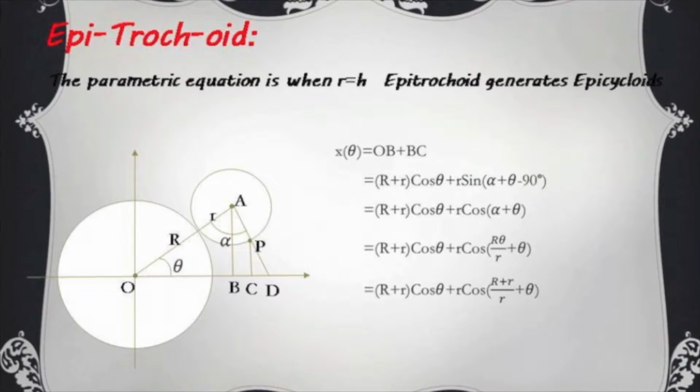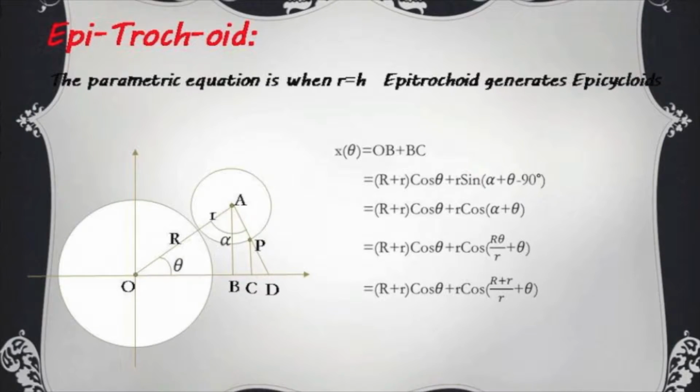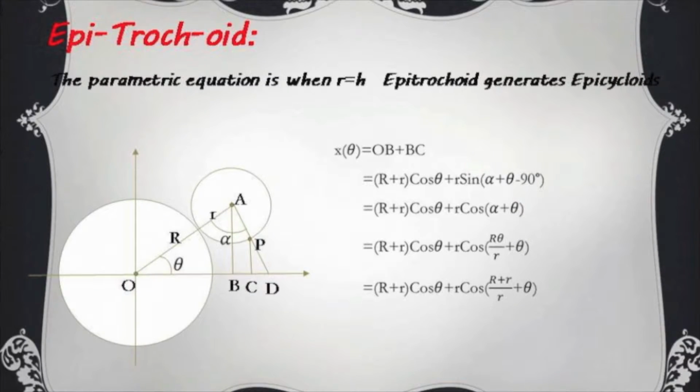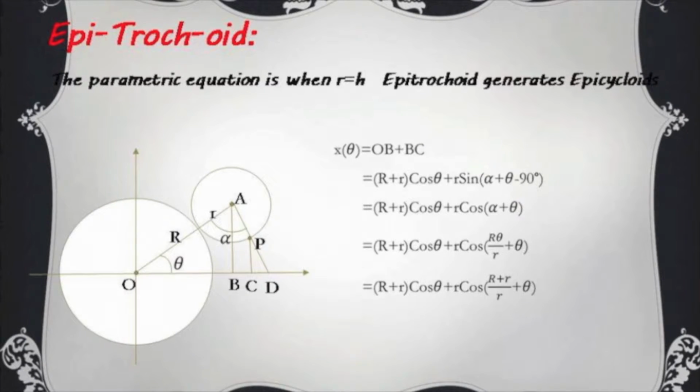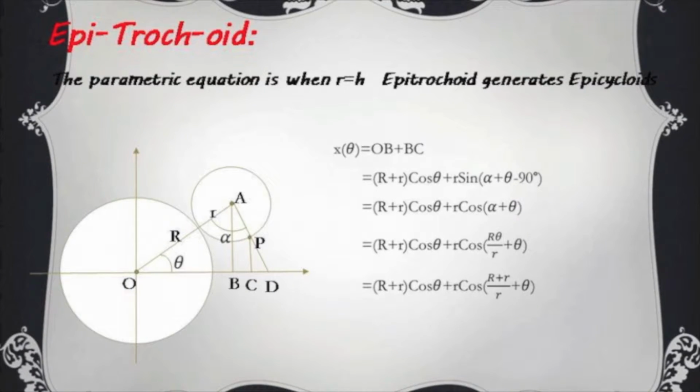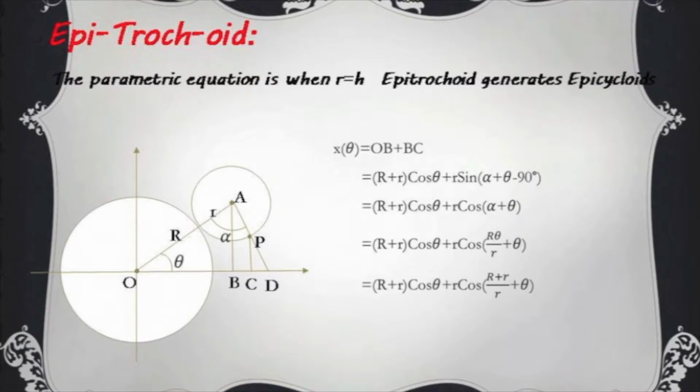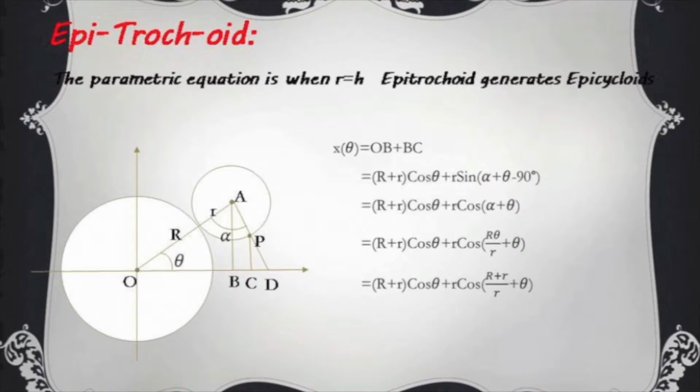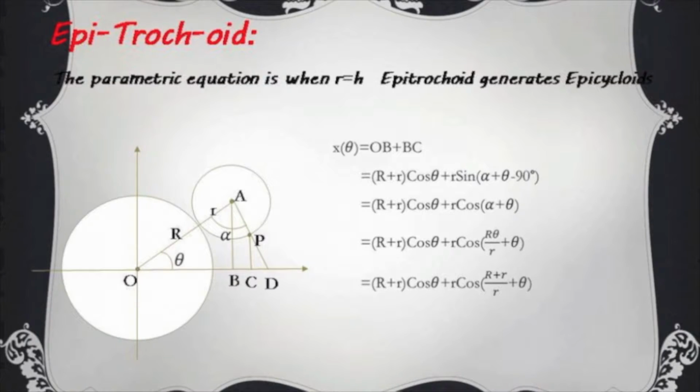In this slide, we're going to find the parametric equation. So first of all, let us start with x theta. From the picture, we know that x theta equals OB plus BC. From the previous slide, we already know that OB equals (r plus small r) cosine theta, and BC equals small r sine of the angle BAP, which is alpha plus theta minus 90 degrees. And then it equals (r plus small r) cosine theta plus small r cosine of alpha plus theta.